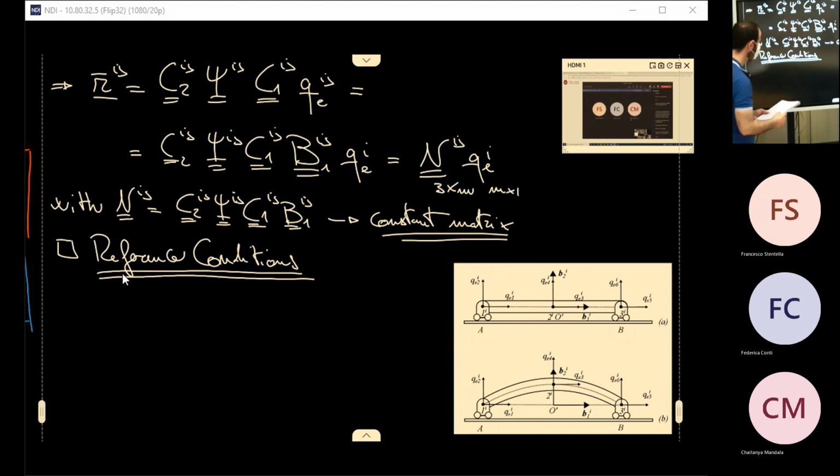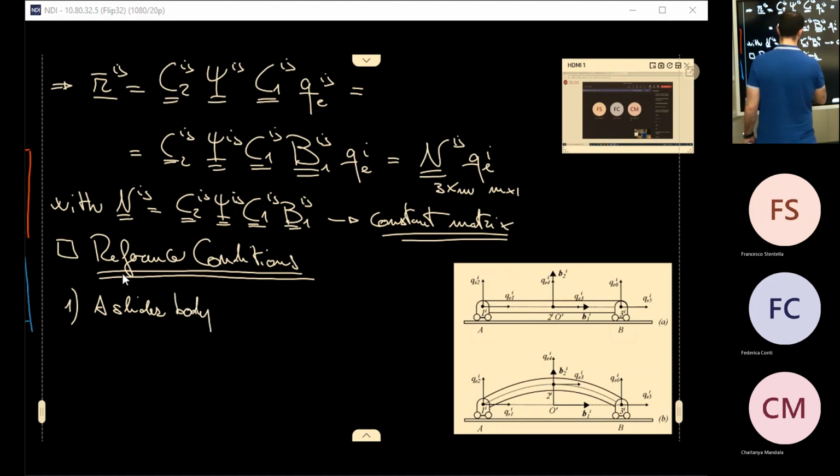Let's see. So again, the description of the body is the following. You have a slider body of, let's say, 3 nodes, sorry, in this space. Okay.